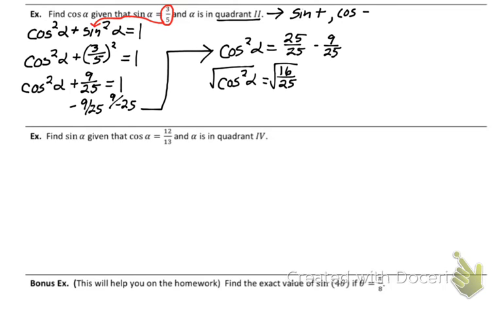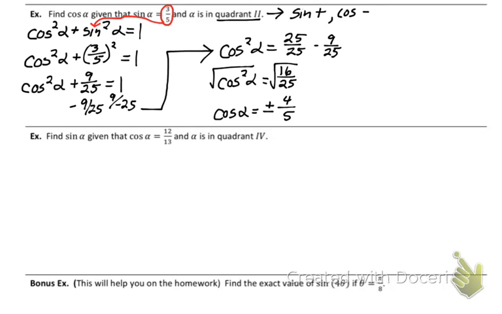So I'm going to take the square root of both sides, which gives me that cosine alpha equals plus or minus the square root of 16 is 4, square root of 25 is 5. We can't have two answers because cosine cannot be both positive and negative in one quadrant. But we already said it needs to be negative.